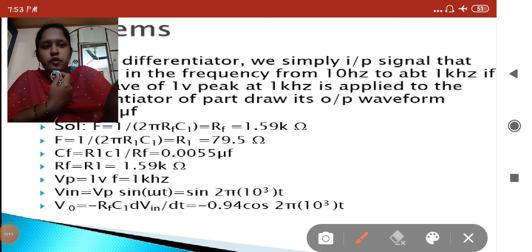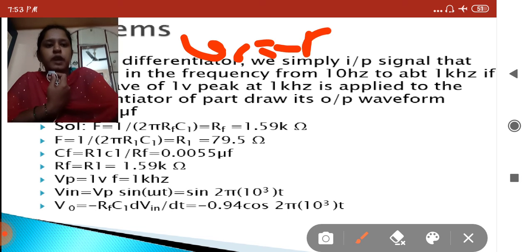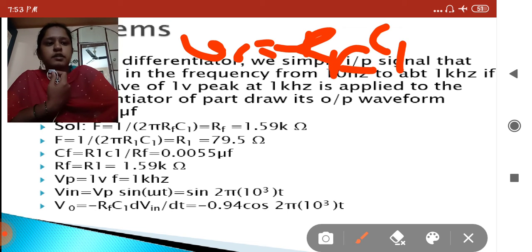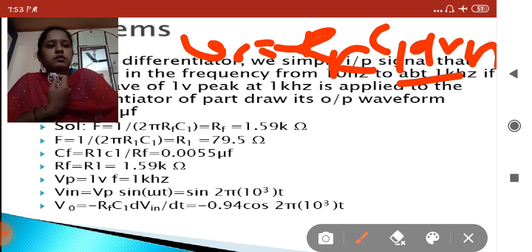Once again I am going to write that equation. Vo equals minus RF C1 dVin by dt.